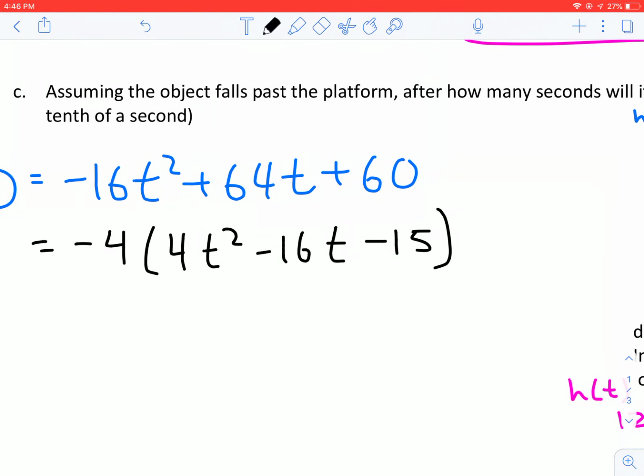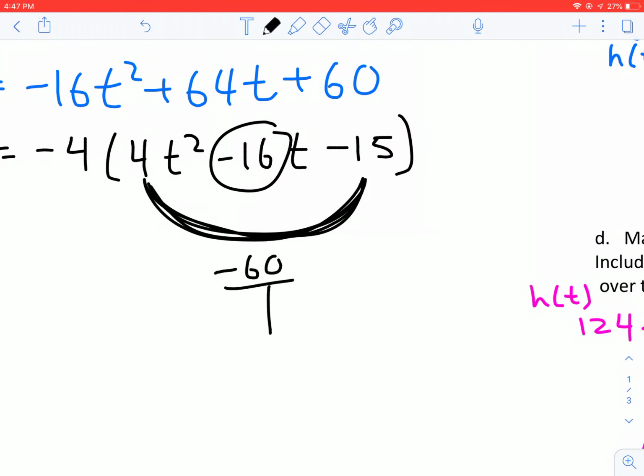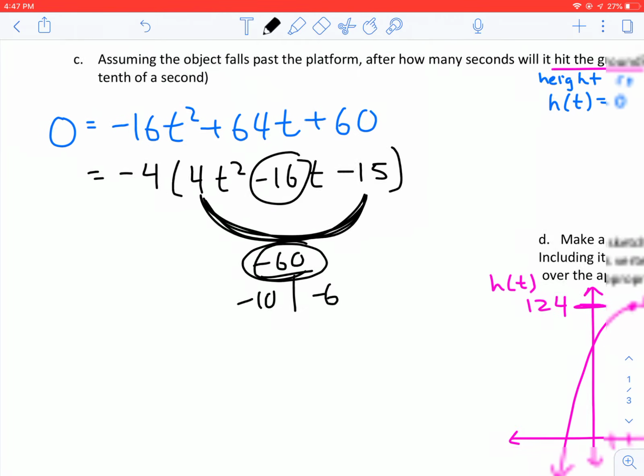I can tell you there's nothing that multiplies to negative 60 and adds to negative 16. You might think negative 10 and negative 6, but that multiplies to positive 60.